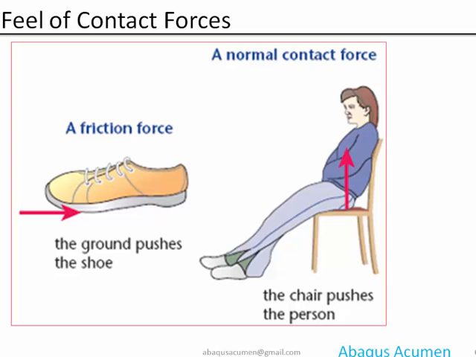Suppose you sit on a chair. The force which is perpendicular to the chair, wherever the contact area, the chair pushes the person, that particular force is a normal contact force. And whenever you walk on the ground, because of friction, whatever your body pushes backward, the ground pushes the shoe forward, that is a frictional force. So you get a feel of what is a frictional force and what is a normal contact force.